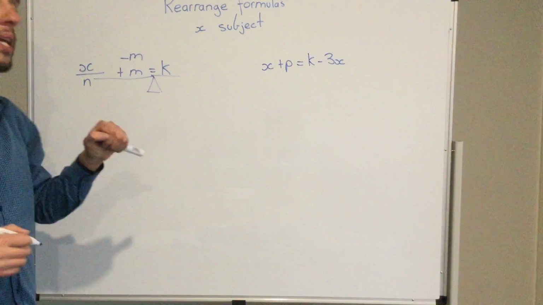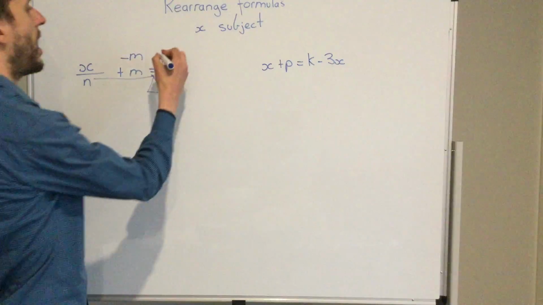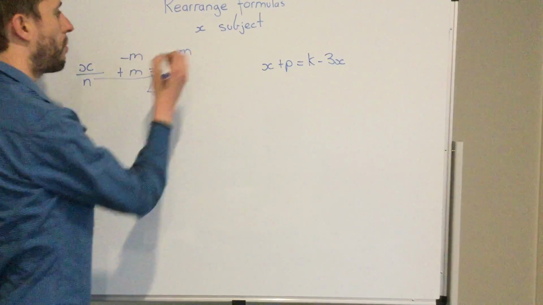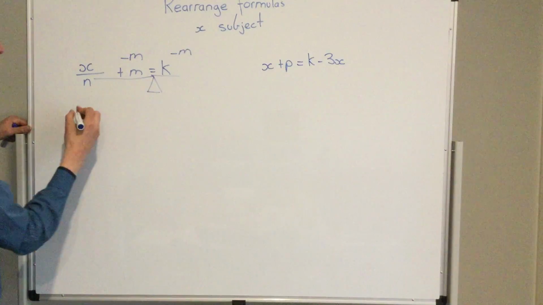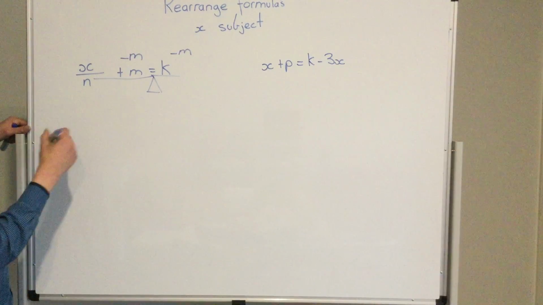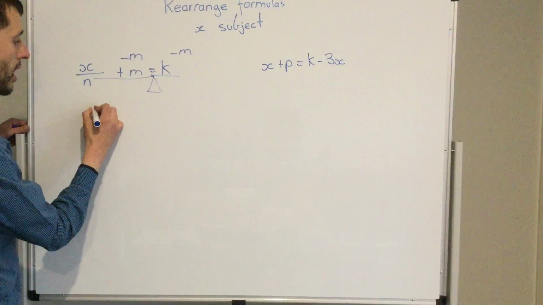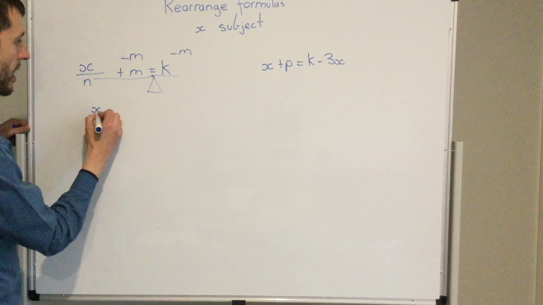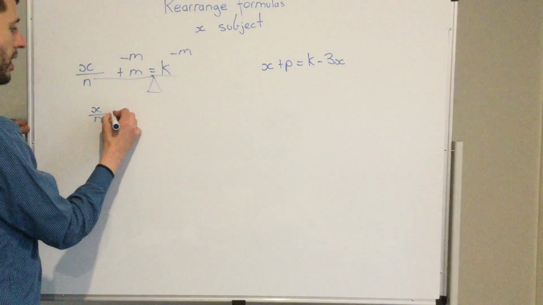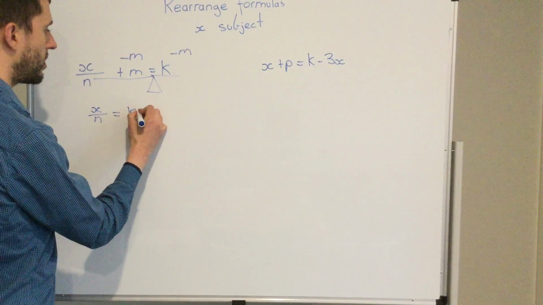Now it's a bit lopsided, so to make it even, I need to take m from this side to ensure that it's equal. So plus m minus m cancels itself out, so I'll rewrite our question. X divided by n equals k take m.